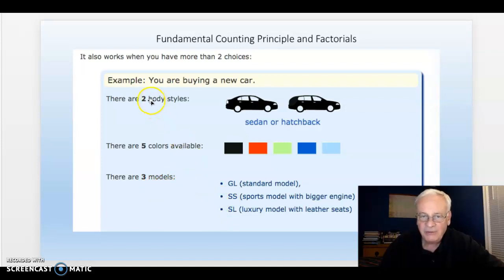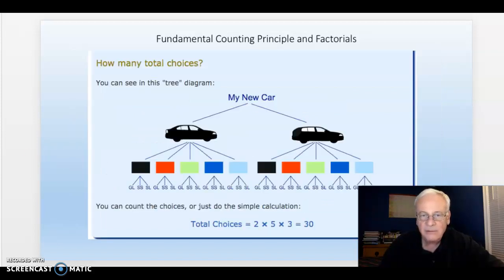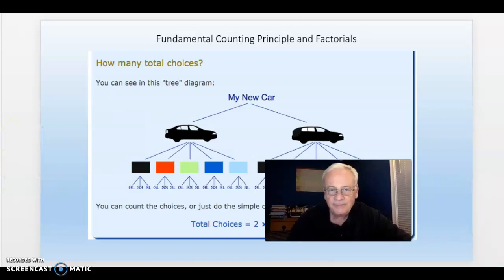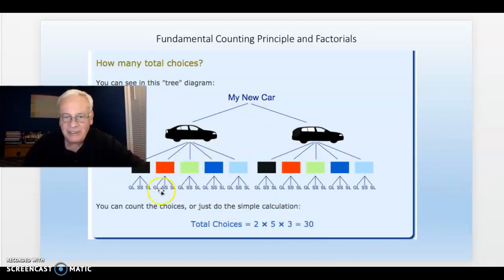Multiply those out: 2 times 5 times 3. There's 30 different choices. It's like a tree diagram here. You can see, if you count all those down here, there's 30 different choices that you can make. You just multiply 2 times 5 times 3.